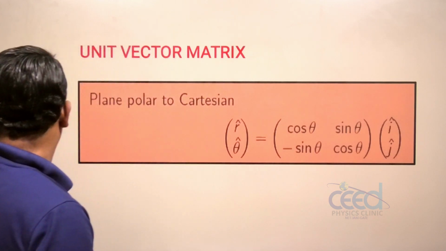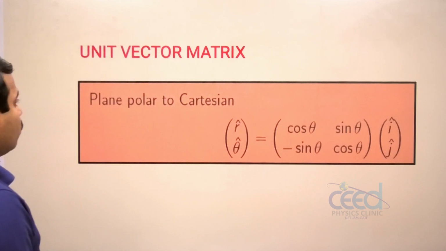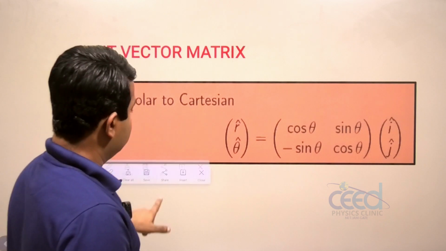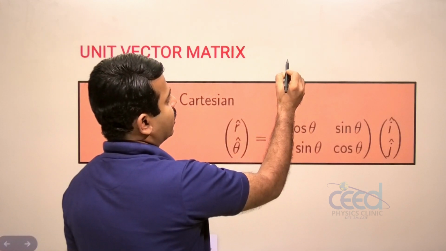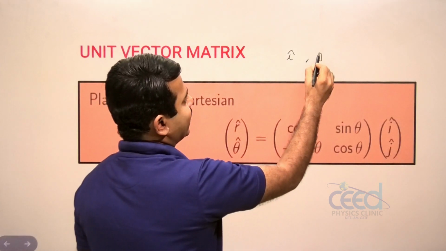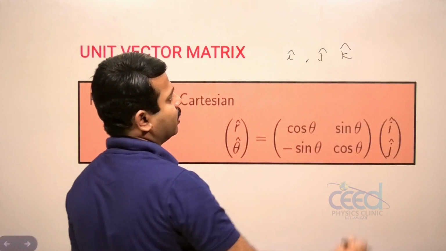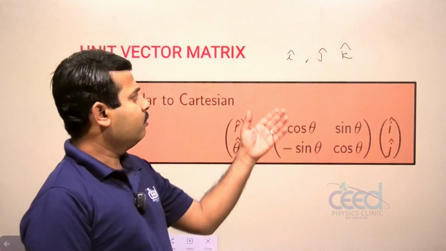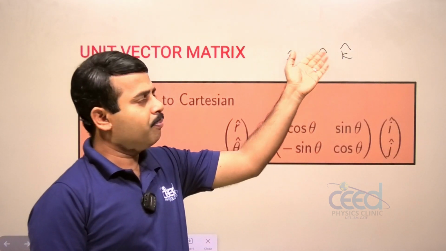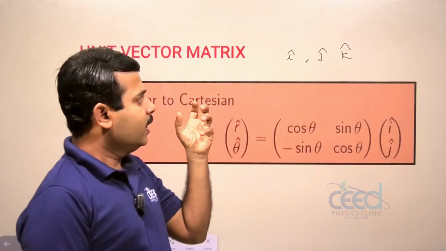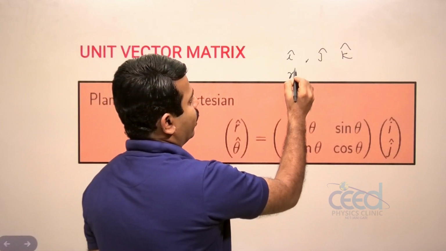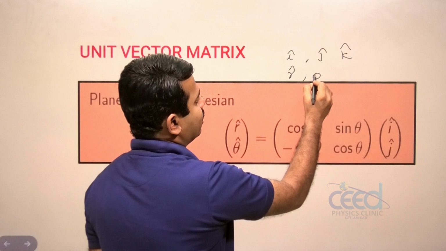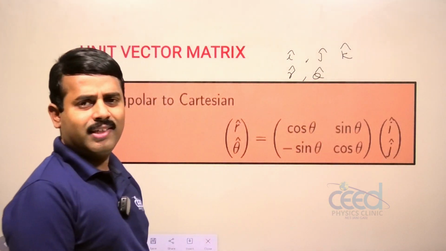For example, in the Cartesian coordinate system, we saw the unit vectors i cap, j cap, k cap, or we can write x cap, y cap, z cap. In the plane polar coordinate system, we require two, that is r cap, theta cap.